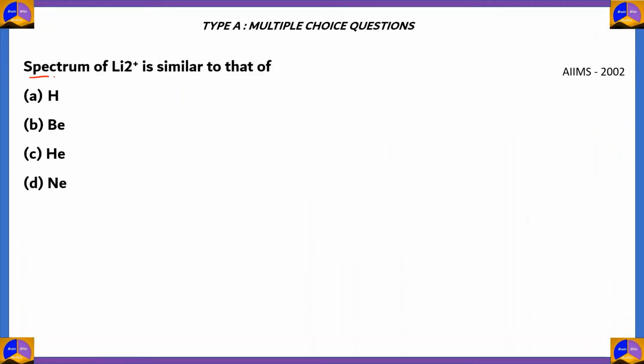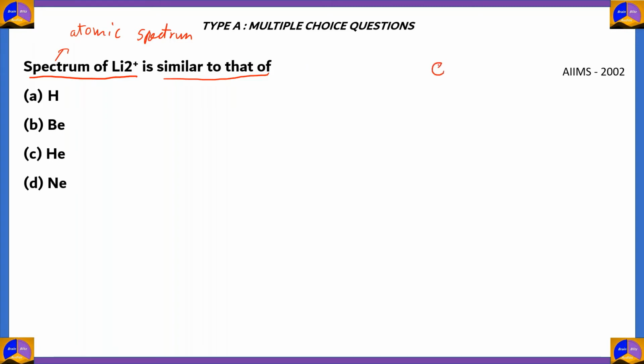Next question. The spectrum of Li2+ is similar to that of hydrogen, beryllium, helium, neon. The spectrum here refers to atomic spectrum, and this atomic spectrum is the spectrum of the frequencies of electromagnetic radiation emitted or absorbed during transitions of electrons within an atom.